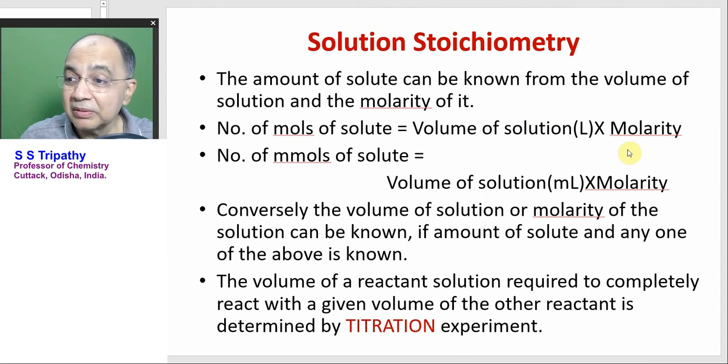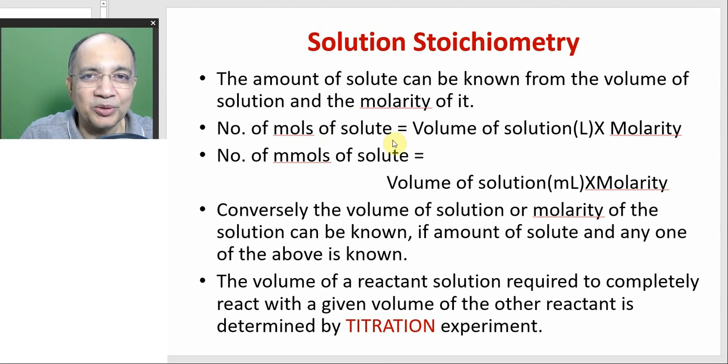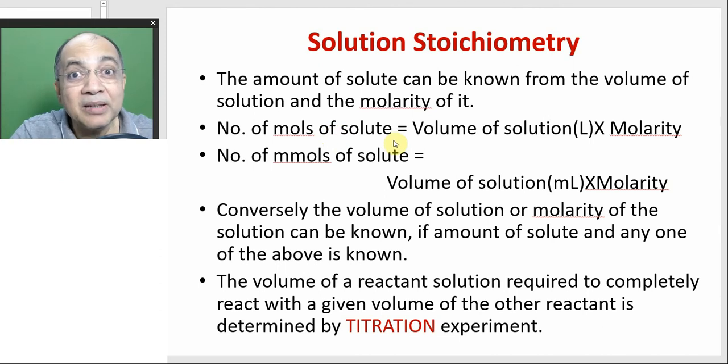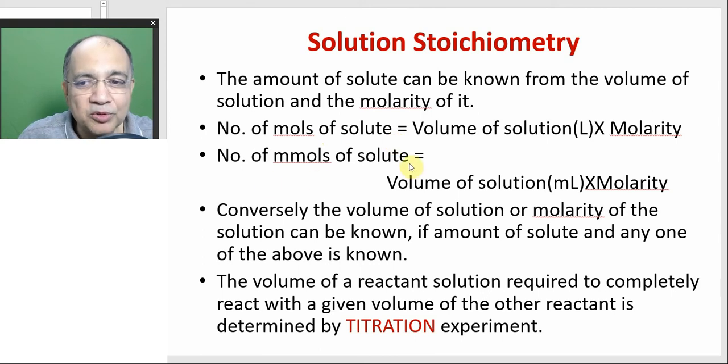Molarity of the solution can be variable, but the product will be the amount of the reactant, the number of moles of solute. Amount can be either in terms of mass, gram, or in terms of moles. Similarly, number of millimoles of solute is equal to volume of the solution in milliliter multiplied by molarity. So this we shall be making use of in solving stoichiometric problems.